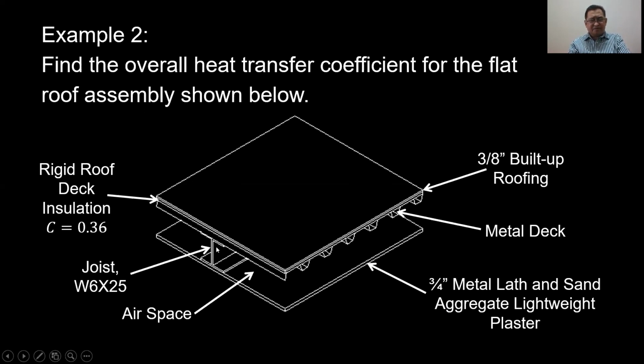We have here the joist, which is actually a W section, W6 by 25. And we have here the metal deck. And above the metal deck, 3/8-inch built-up roofing.